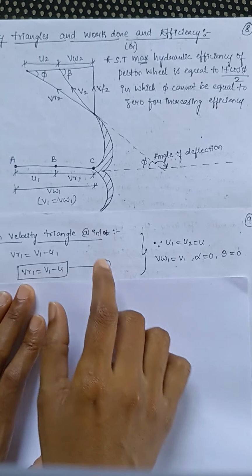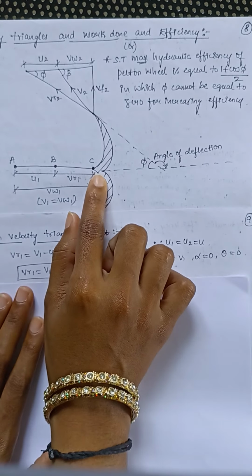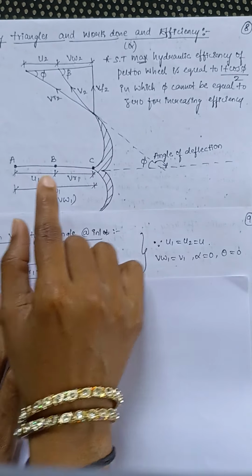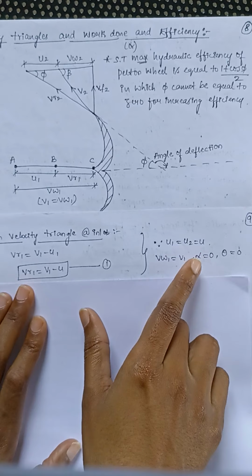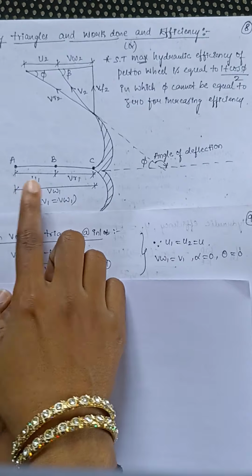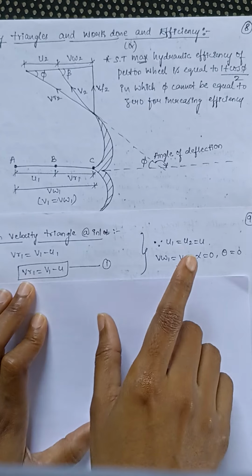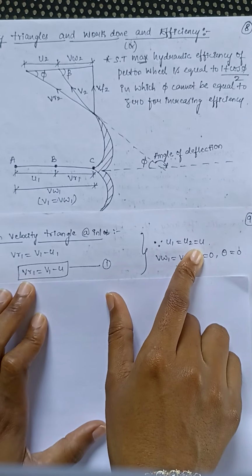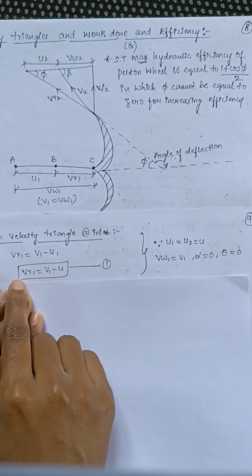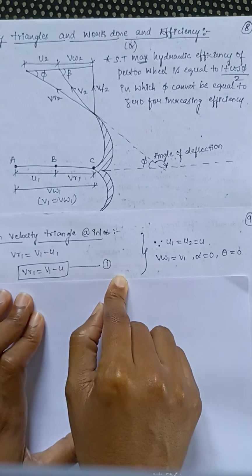Whatever the velocity at which the bucket is moving once the jet hits the splitter, with the same velocity the bucket will move at the outlet tip. So that means U1 will be equal to U2, which is equal to U. We can name this finally as U, because the velocity at which the bucket is moving at the inlet tip will be the same as at the outlet tip. So now let us replace this U1 with U, and write our final equation for VR1 as V1 minus U, and name it as equation 1.